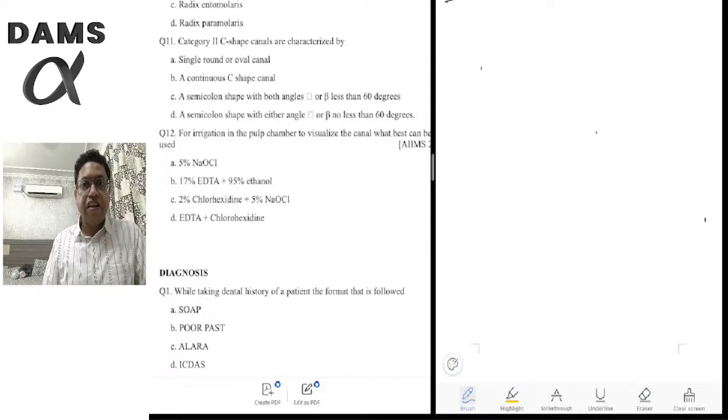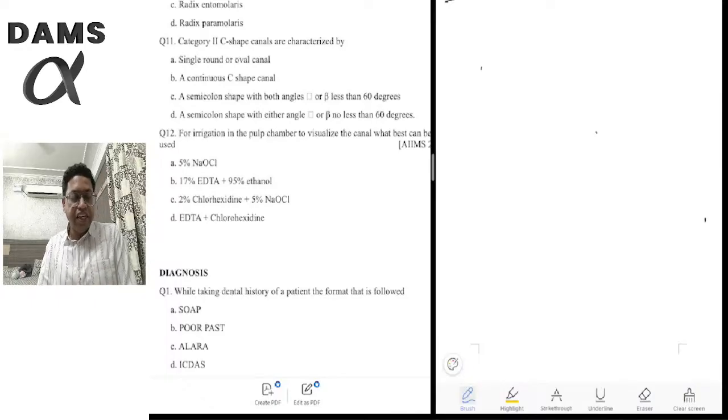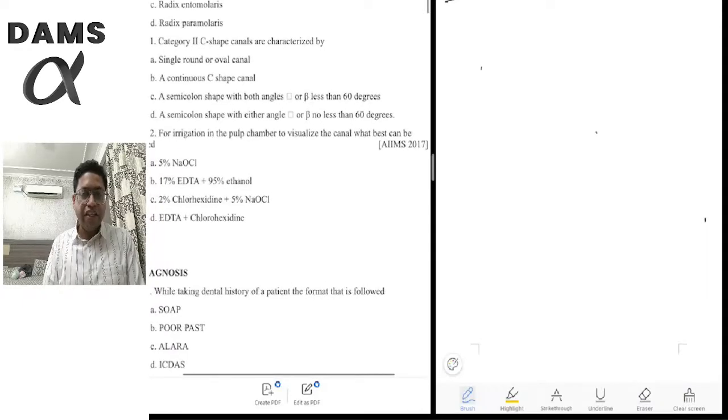The question is asking for the irrigation solution to visualize the root canal. What agent is used for flushing of the pulp chamber? 5% sodium hypochlorite, 17% EDTA and 95% ethanol, 2% chlorhexidine and 5% sodium hypochlorite, EDTA or chlorhexidine.